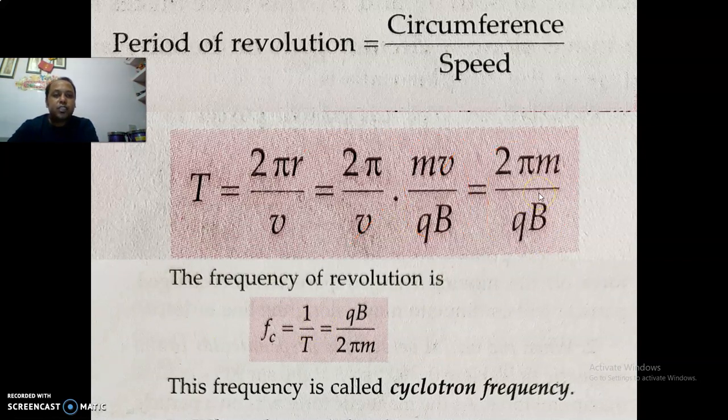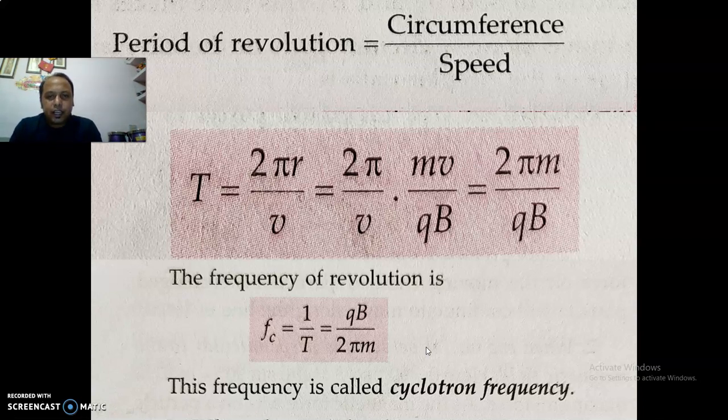So it is q B by 2 pi m. We write here q B by 2 pi m, and we call it cyclotron frequency. That is, when the charged particle is moving in a perpendicular magnetic field in a circular path, then the frequency of the charged particle, which is given by q B by 2 pi m, is called the cyclotron frequency.